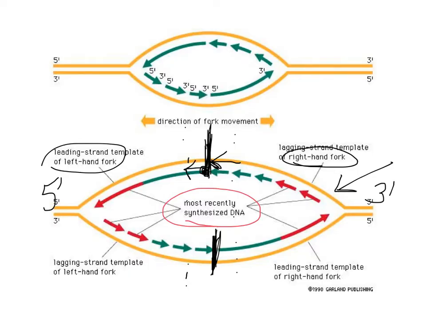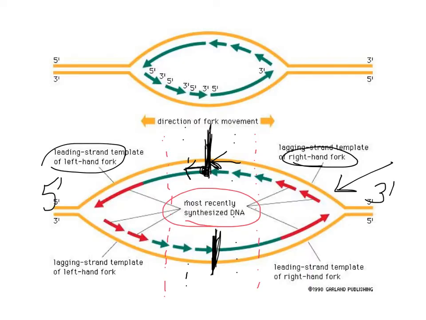But now something would happen. You would now have the second part of the strand opening up, which would go to about right there, where the red dotted lines are. Now, a slightly different thing would happen. If you look at the left-hand fork, you could just continue replication.